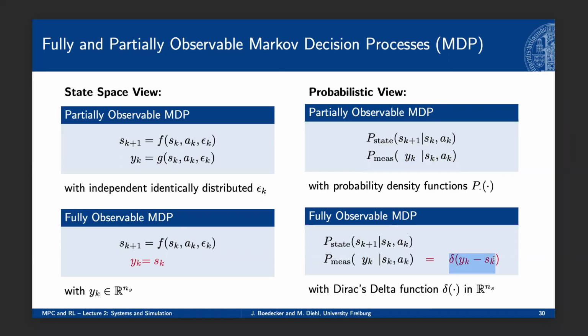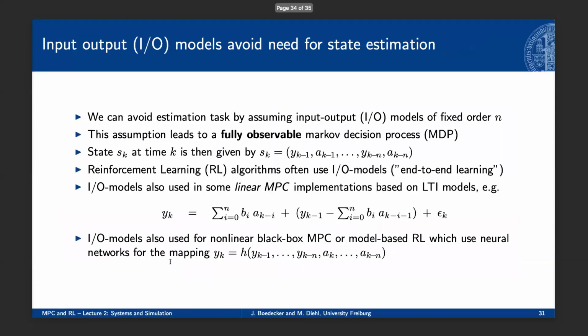So it's basically an expression of that quantity here, right? You measure the state, that's it. So just a trial to build a bridge. And so now the beauty, as we have already seen in the discussions, is that input-output models don't need a state estimation. They are automatically fully observable in this MDP language.